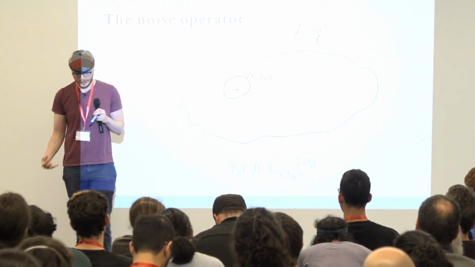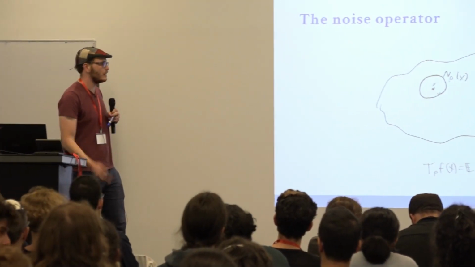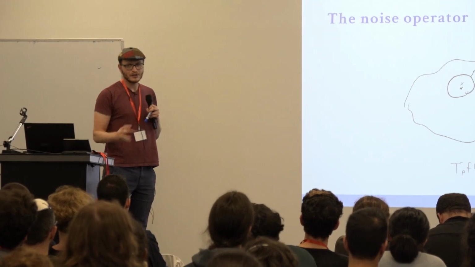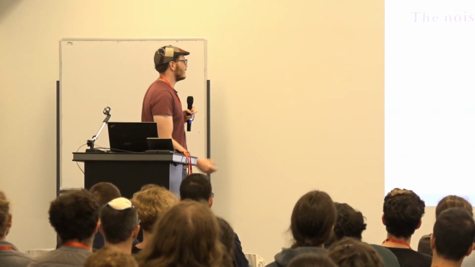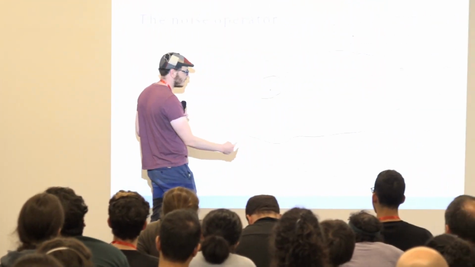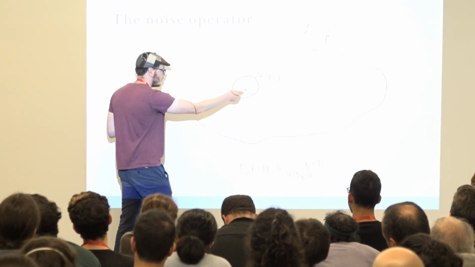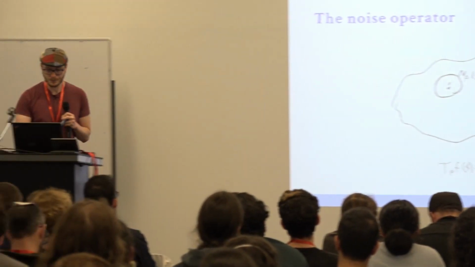This idea of using hypercontractivity originated in differential geometry, where the smoothing operator is defined by taking expectation over a small ball around x. And in the cube, it's defined in the same way.